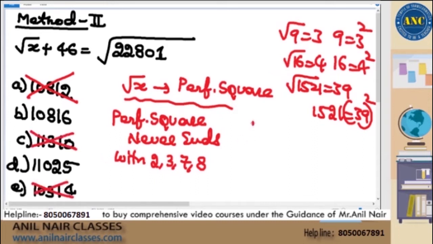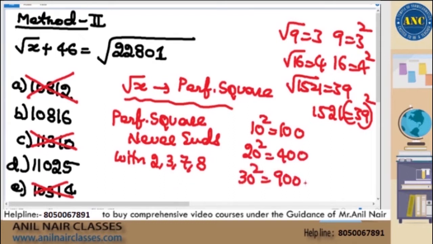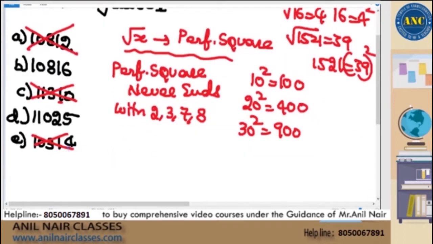Because for any perfect square ending with 0, the tens place should also be 0: 10 square is 100, 20 square is 400, 30 square is 900, 40 square is 1600. Next one ends with 4: 8 square is 64, 12 square is 144, 18 square is 324.